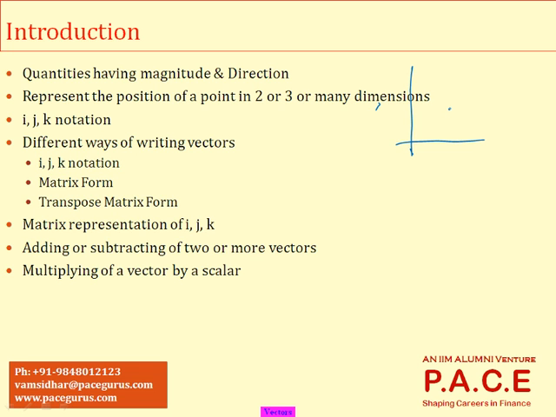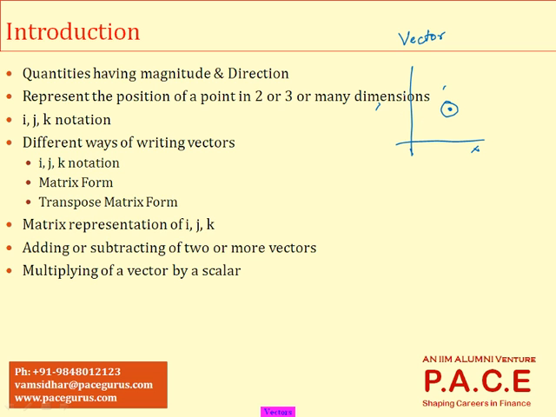Let's say I want to represent this particular point, which is having a magnitude as well as a direction in the positive x-axis. So there is a magnitude as well as a direction. Any particular quantity which is having both a magnitude as well as a direction, we call that to be a vector.